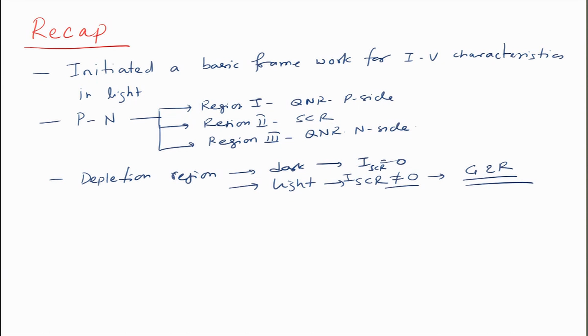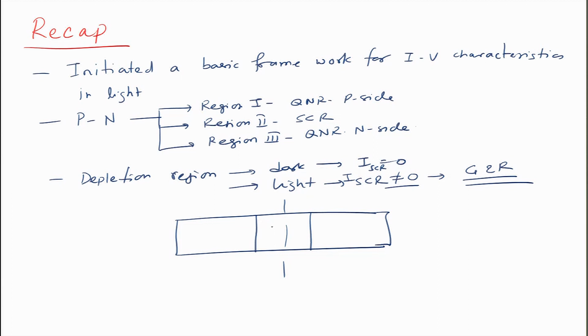Remember this region, although it is a depletion region, what does that mean? If this is P and this is N, on this side you are going to have acceptor ions, and on this side you have donor ions.